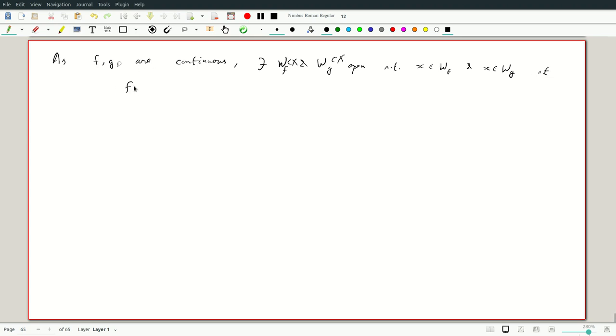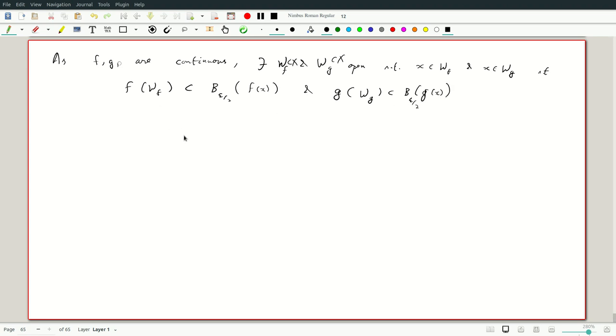So f of W_f is contained in the ball of radius epsilon by 2 of f of x, and g of W_g is contained in the ball of radius epsilon by 2 of g of x.